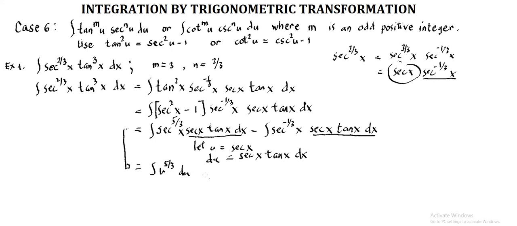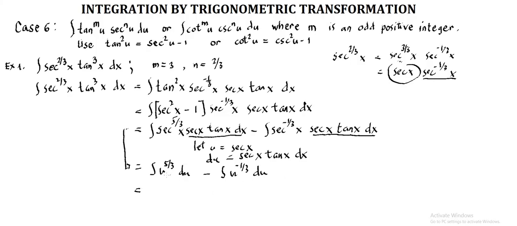And then, minus integral sign, another secant, yung base natin, equals siya sa u. Tapos, naka-raised siya sa negative 1/3. Tapos, yung secant x, tangent x dx, equals siya sa du. At pwede na tayo ngayong mag-integrate.